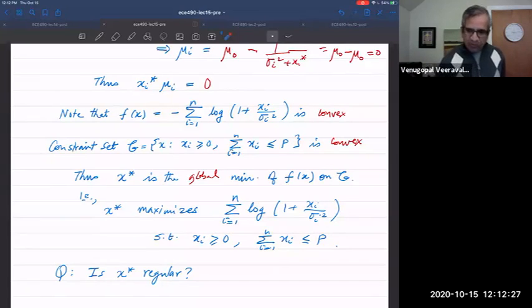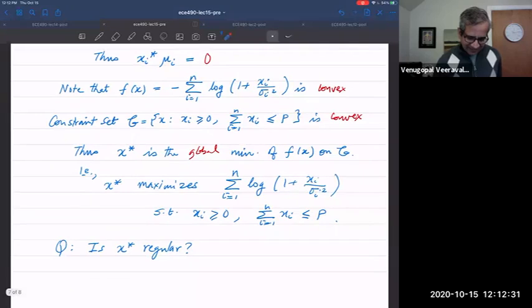Okay. Now the one question remains, is X star regular? I said we have more constraints than n, but can we have more than n active constraints? That's the question. So we know one of the constraints is active, the one corresponding to the sum.